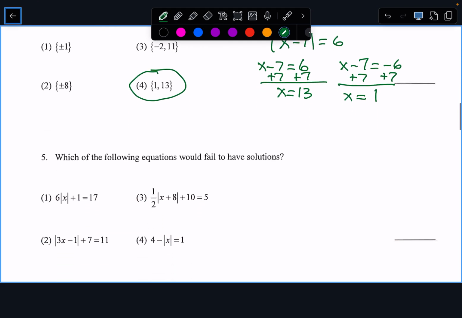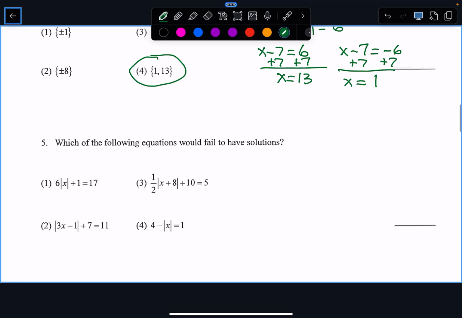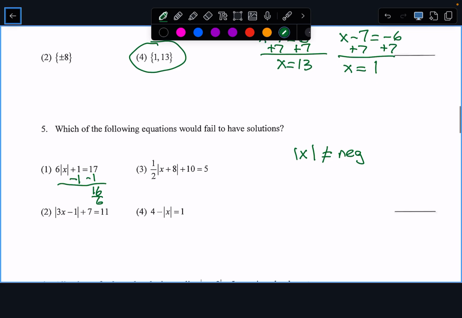All right. Now, which one fails to have a solution, right? So an absolute value of anything that's inside cannot equal a negative number. Okay, inside can be a negative, and then the sign would switch. But if I subtract 1 here, I'm going to get positive 16, right? And then I divide by 6, that's still a positive.